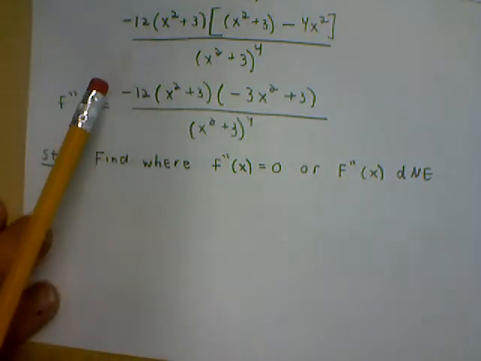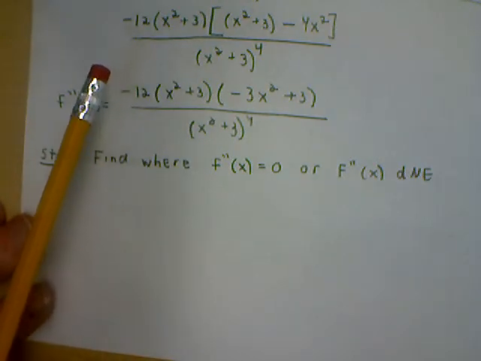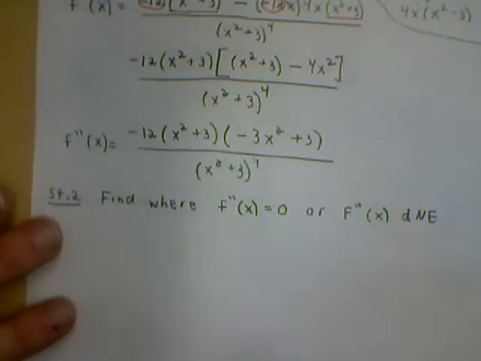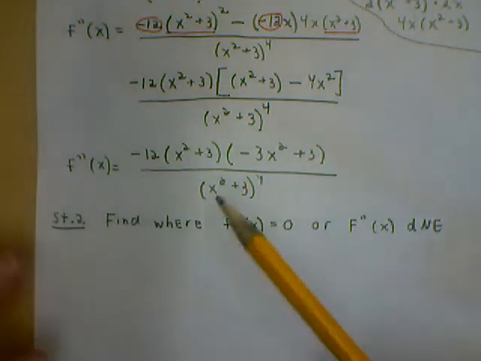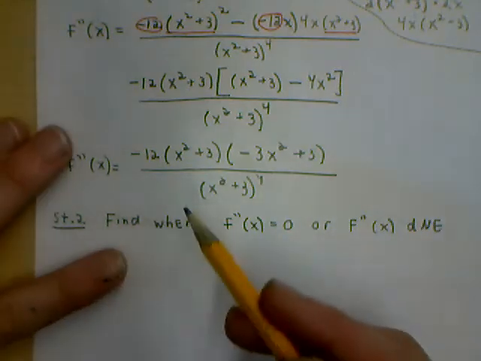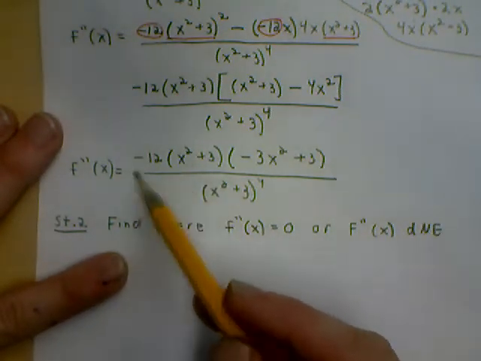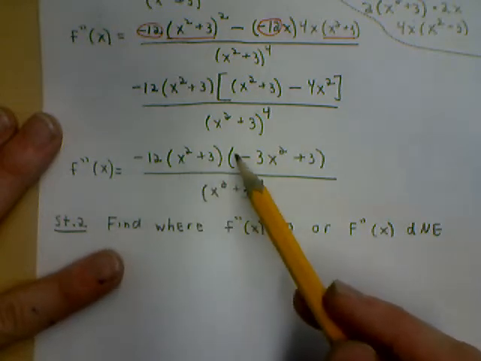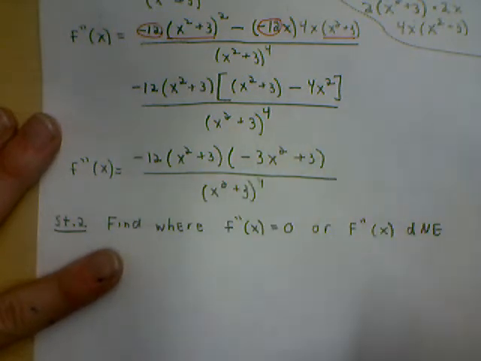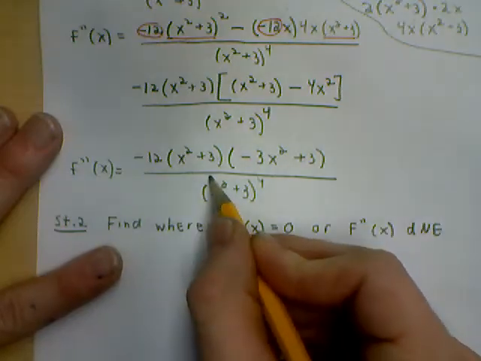If I look up in the numerator right here, actually, we can look back real quick. I should have done this in the last step. If I look at f double prime of x equals negative 12 times the quantity x squared plus 3 times negative 3x squared plus 3 over this quantity, I can simplify.